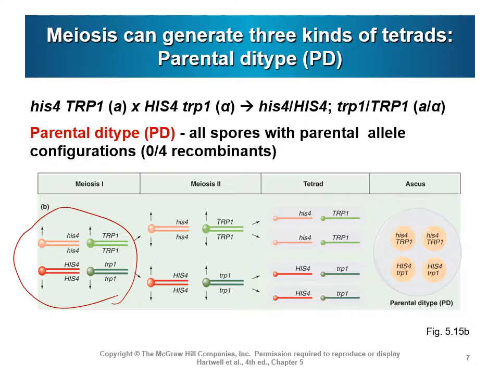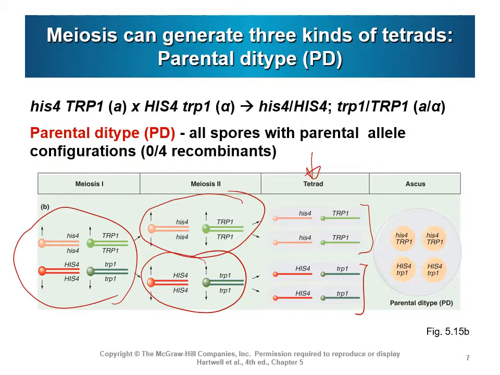Then at meiosis 2, we have histidine recessive with tryptophan dominant, and histidine dominant with tryptophan 1 recessive. And then we get the final tetrad, which is histidine 4 recessive, tryptophan 1 dominant, and histidine 4 dominant and tryptophan 1 recessive. This is our ascus formation.